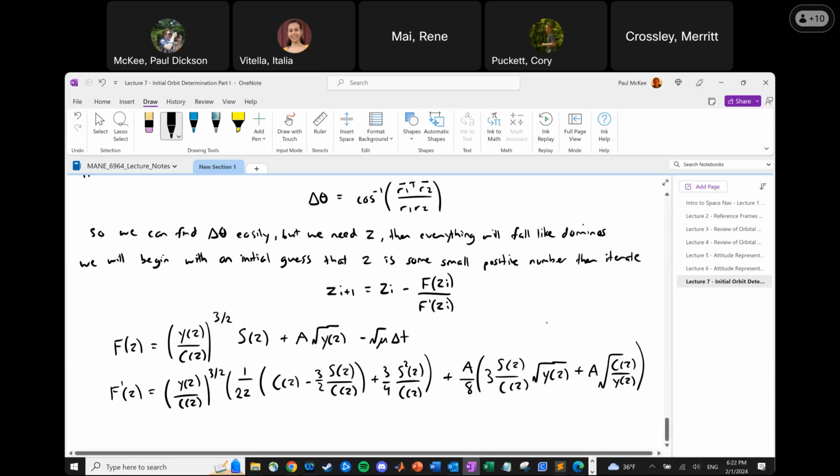There it is. Not pretty, but it is something that we can compute.